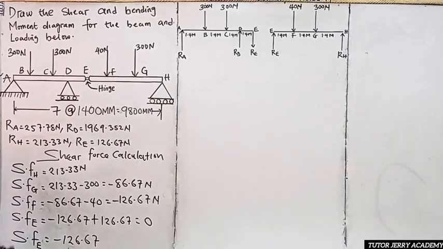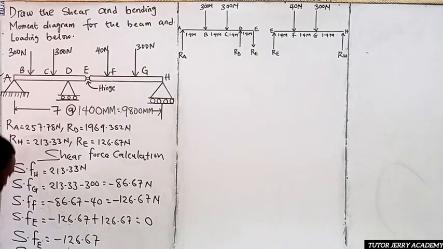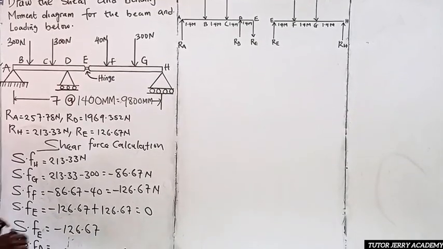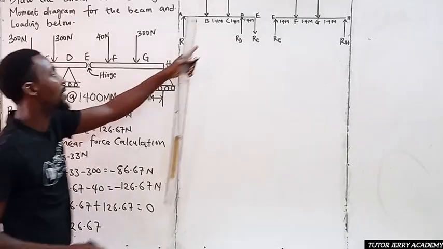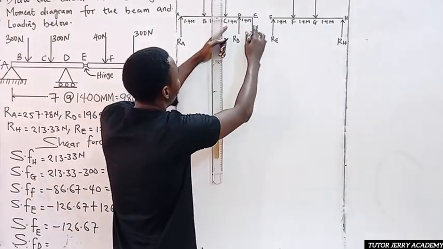So the next one is the shear force at point D. The shear force at point D will be equal to, if you start at point D, we have two forces to our right hand side, this and this.